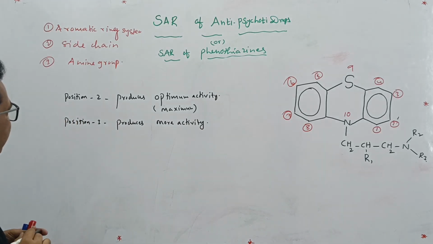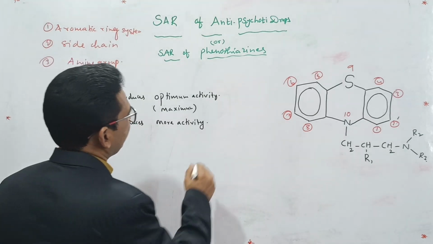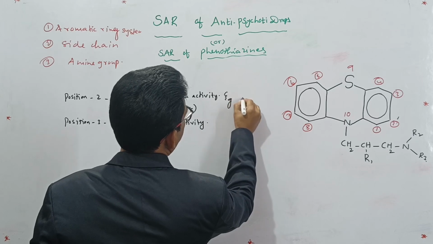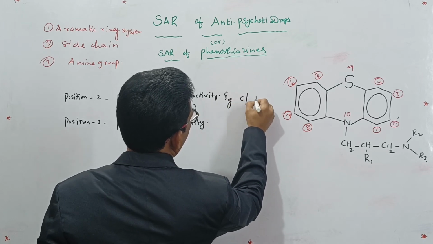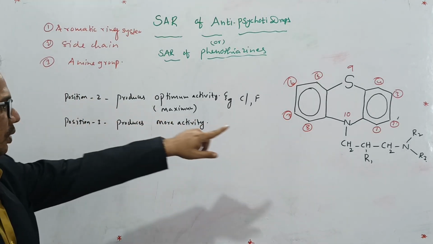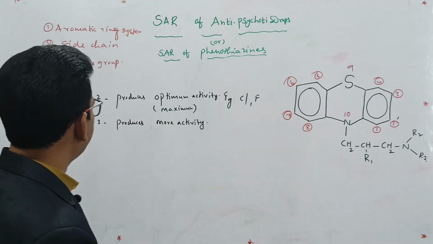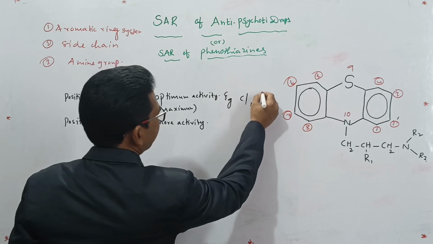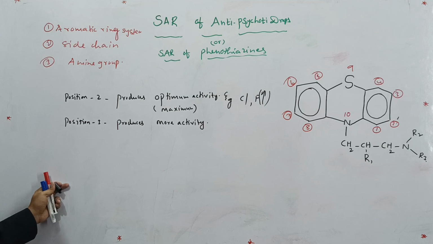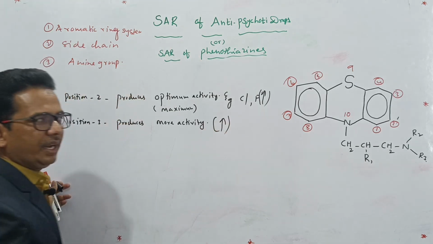Any substitution at position 2, for example halogens like chlorine, fluorine, or any other halogen atoms: if position 2 has a substitution with an electron withdrawing group like halogens, the activity is going to increase. Remember that activity increases. Here position 3 also produces an increase in activity, more activity.